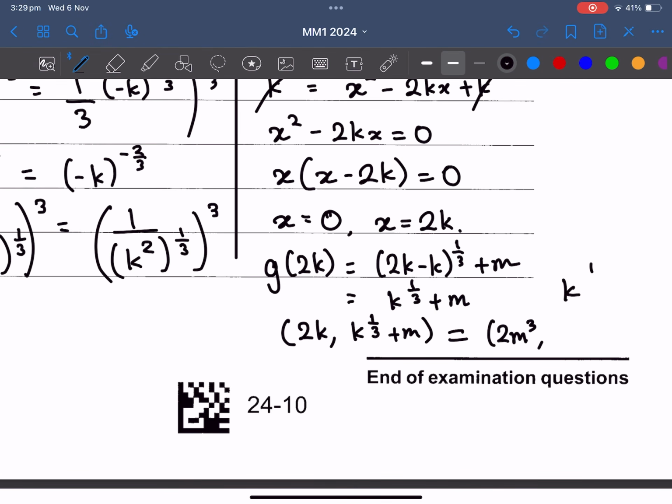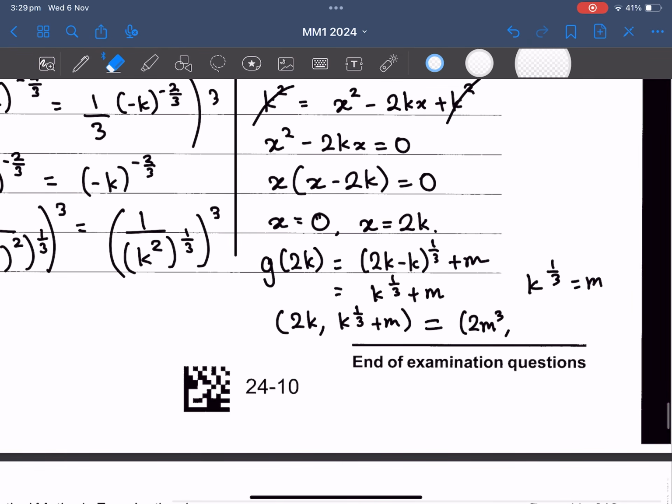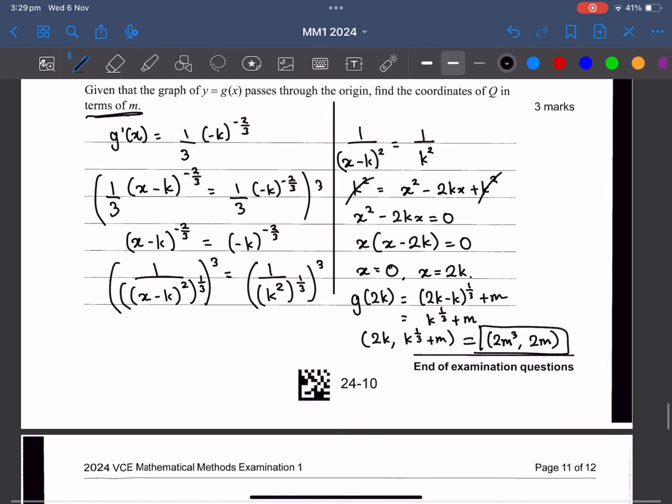So k to the power of 1/3 is just m. Okay, so that is just going to be 2m. So I think this is going to be my answer.